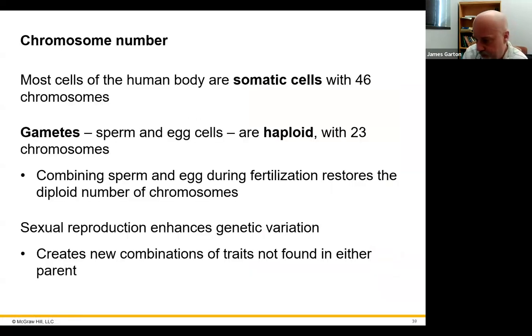Now, the typical body cell in any organism is what we call a somatic cell. If you're capable of sexual reproduction, somewhere in your body, you have germline cells. And these germline cells make the gametes.